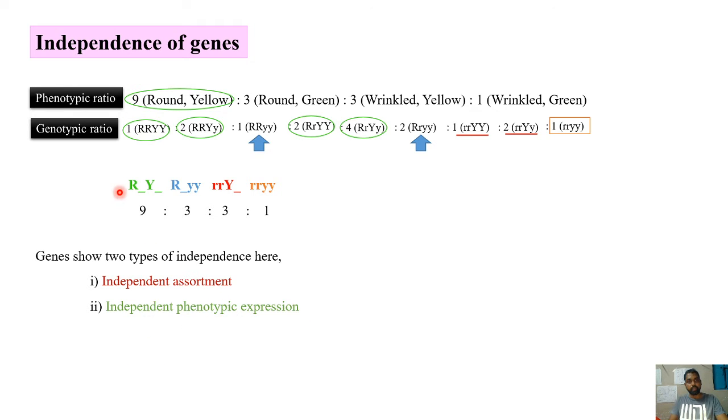That's the reason why round or wrinkled with respect to the first 2 alleles and yellow or green with respect to the second 2 alleles. So this is only for the seed shape, whereas the second allelic pair is only for the seed color. So the phenotypic expression is different. So there is independence with respect to the phenotypic expression also. This is what you can observe in this particular ratio. So there is independent assortment as well as independent phenotypic expression.